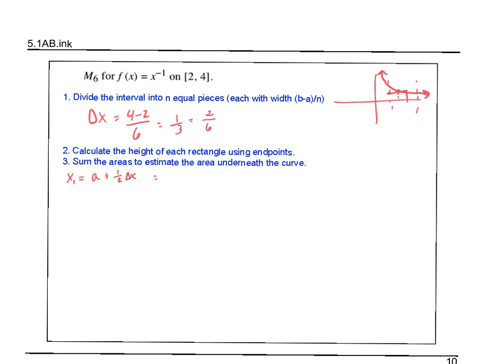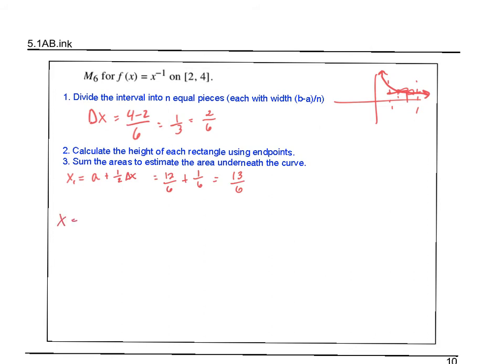So in this case, I have 2, or 12/6, I should say, and I'm going to add 1/6 to it. So I have 13/6 as my first x value. But after that, to get to my next height, I am going a full delta x, because I'm going from the middle of the first rectangle to the middle of the second rectangle.